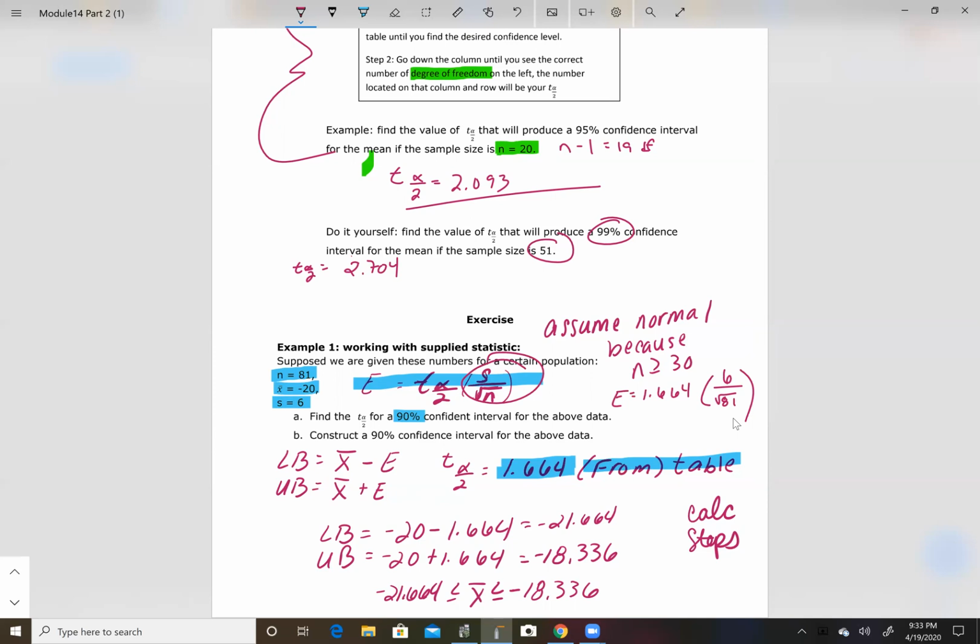Let me pause this while I find that value.